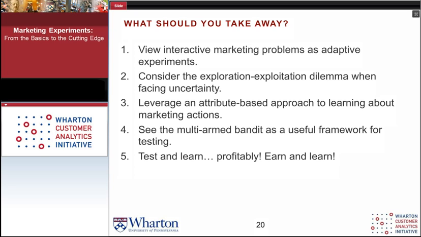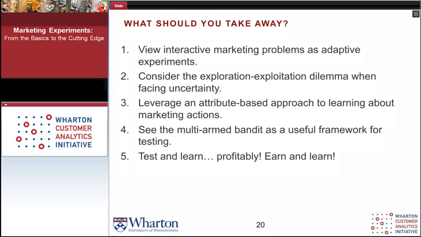Each slot machine is known as the one-arm bandit, and you really just want to make as much money as possible. And so we can think of each of our ads or emails as just different slot machines that we're trying to learn which slot machine might be best. And so, once again, this transition from test and learn to doing it profitably and earn and learn.